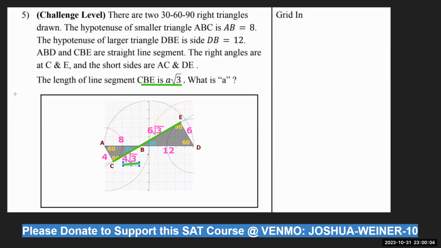So that is 4 root 3 plus 6 root 3 is the total length of CBE. So 4 plus 6 is 10. The correct answer is 10 root 3. If you put 10 root 3, you had the right answer for question number 5.